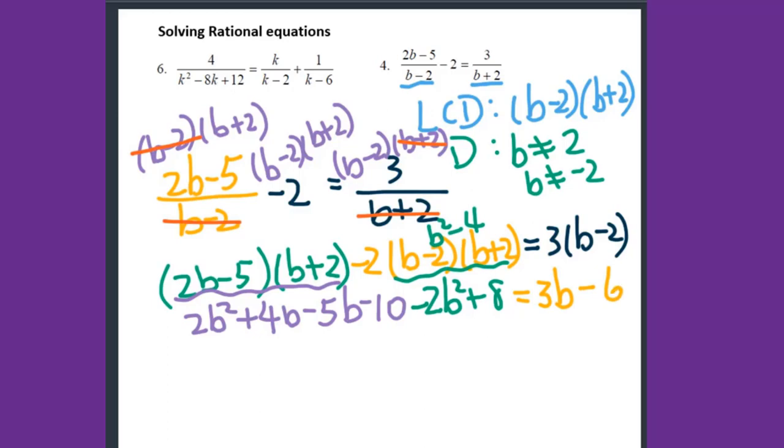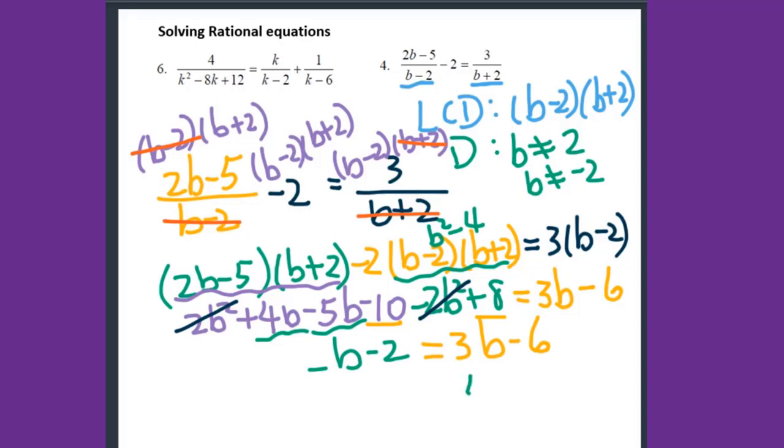Simplify first. This is gone. Then you will get 4b minus 5b will be negative b, then minus 2, because negative 10 plus 8 is negative 2, equals 3b minus 6. This is a linear equation, so we isolate the variable on one side. Add b to both sides, you get 4b equals.